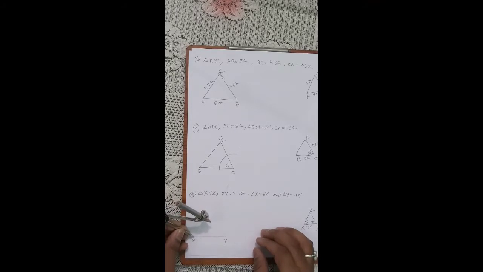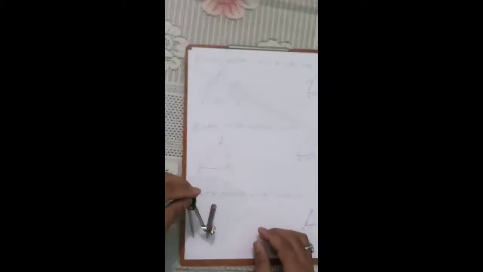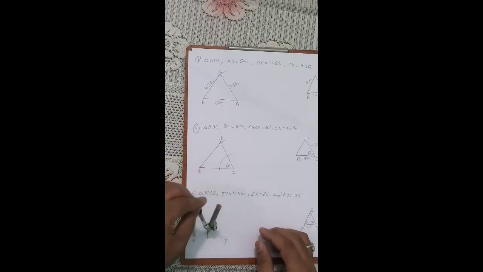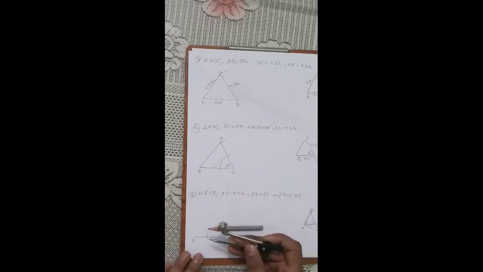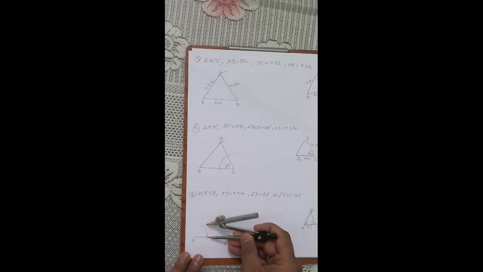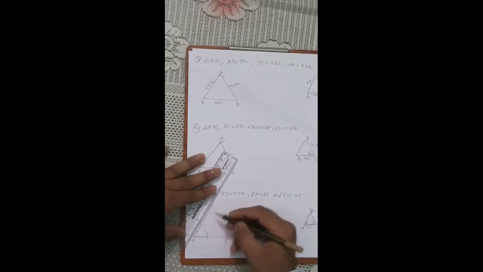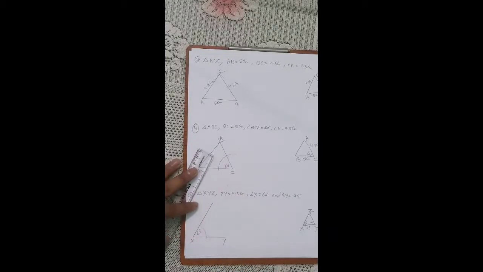Taking X as a center, make an arc of any length radius. Then taking this intersection as a center, we will intersect the previous arc, which will be 60 degree. This intersection point will be joined with X. So this angle is 60 degree.